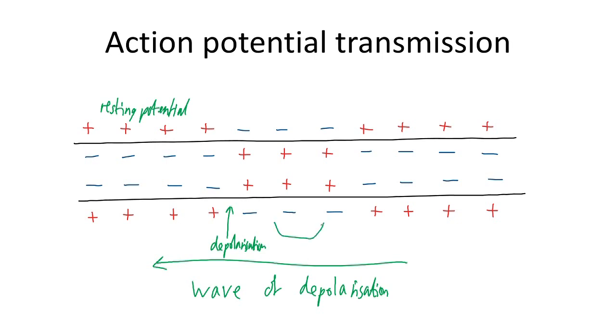So here's our action potential. And we've got then the repolarization, which occurs a tiny fraction of a second later. Here the membrane is in the recovery period, where it's getting ready to send the next action potential along behind.